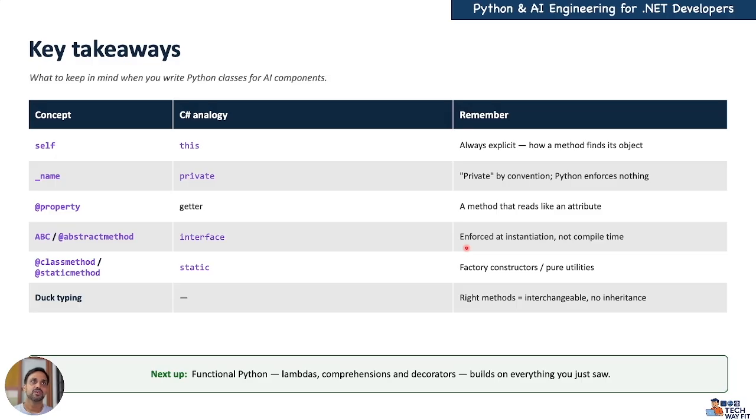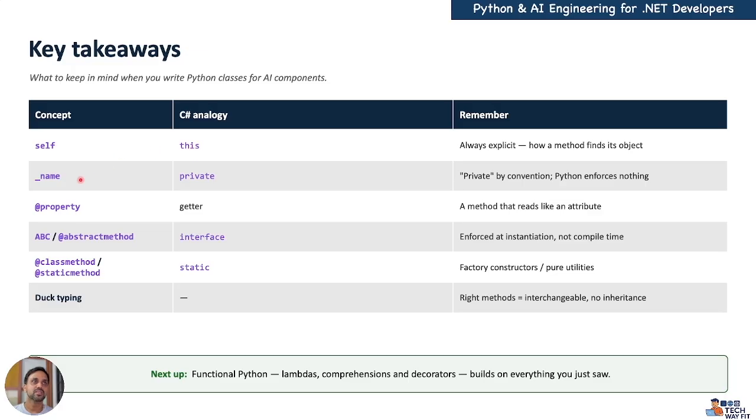Now just to understand what we have learned as part of today's lesson, key takeaways. So first thing is, whenever we define a class, we define it in a similar way both in C# and Python using the class keyword. And then to access the current object, in Python we use self, in C# we use this.